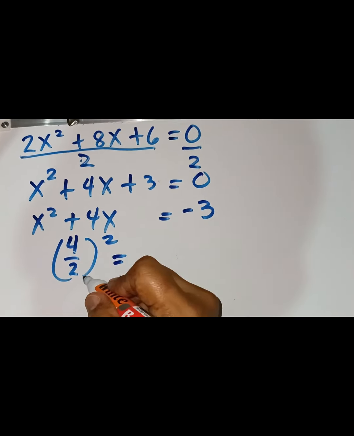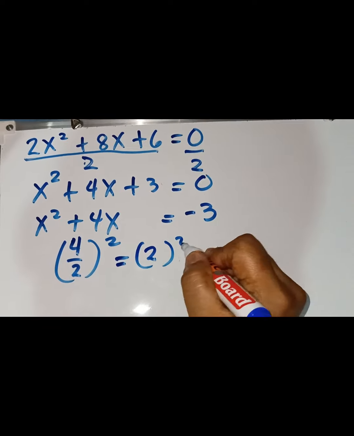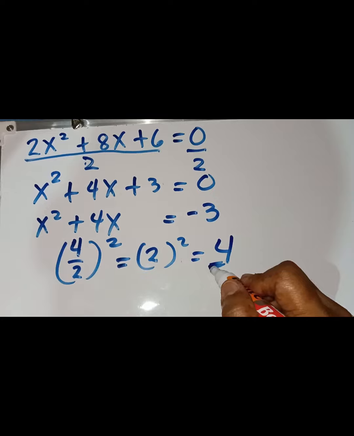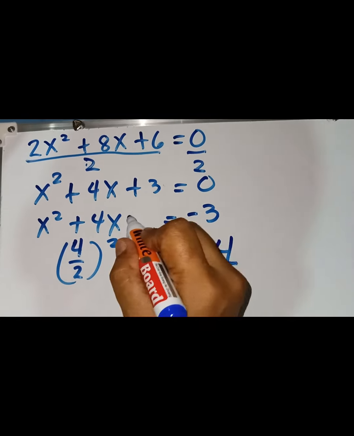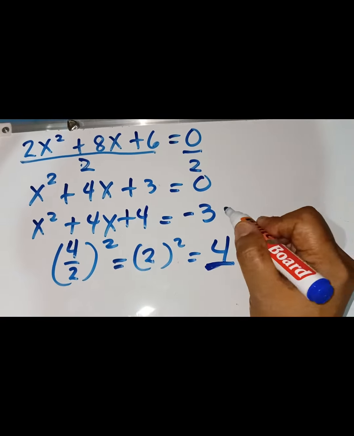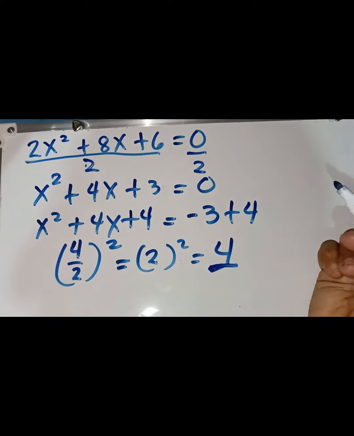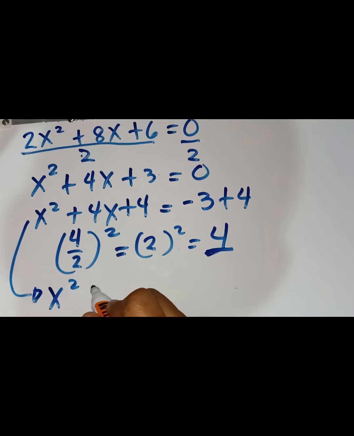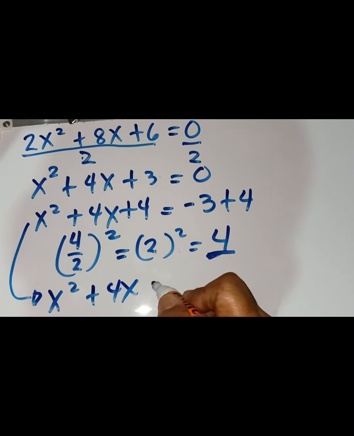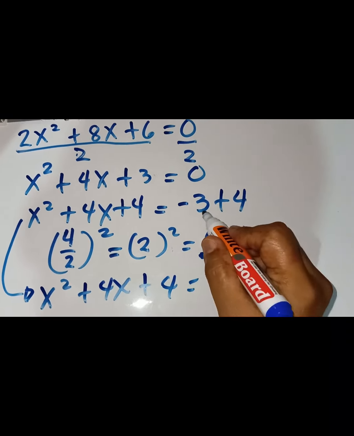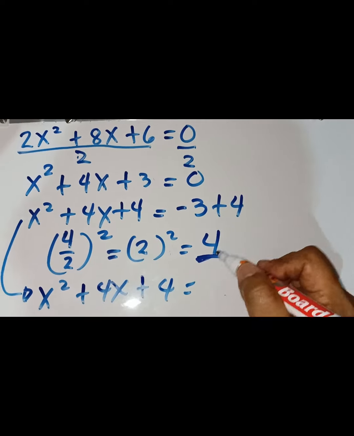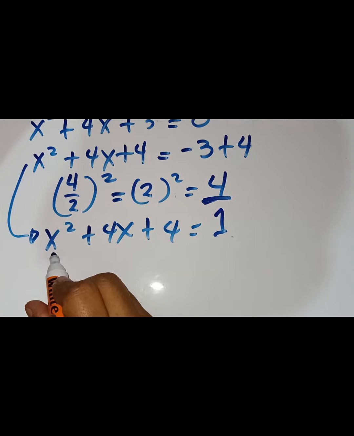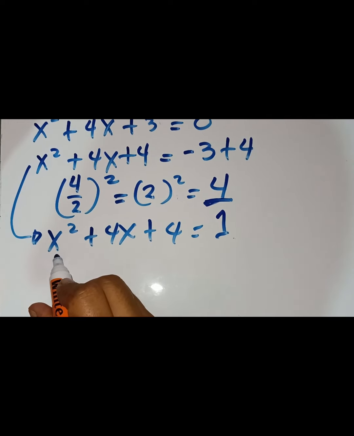So, 4 divided by 2 is 2, and its square is equal to 4. We can now add 4 to both sides of the equation. Simplifying, we have x squared plus 4x plus 4 is equal to negative 3 plus 4, which is positive 1. And we now have a perfect square trinomial.